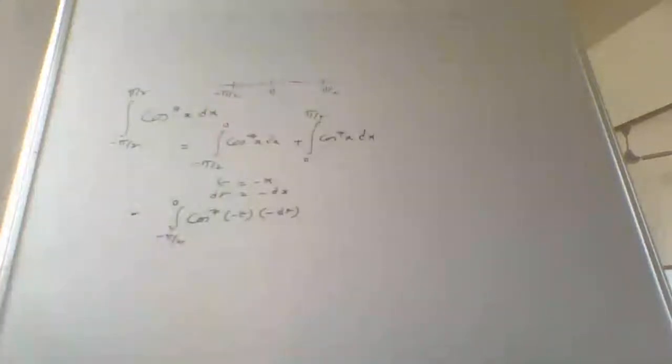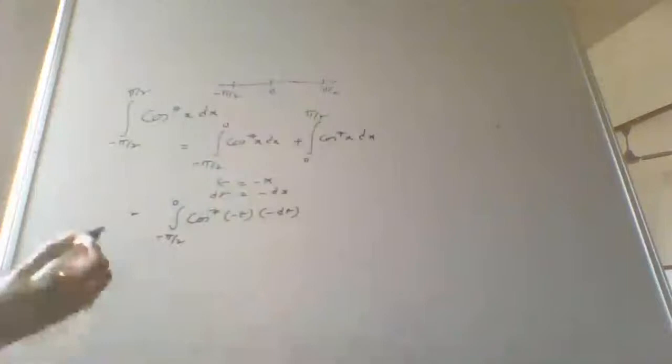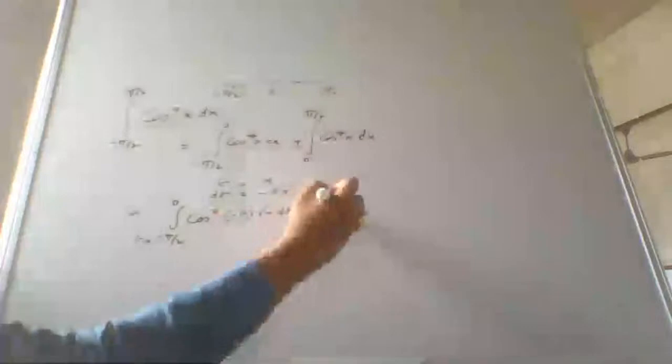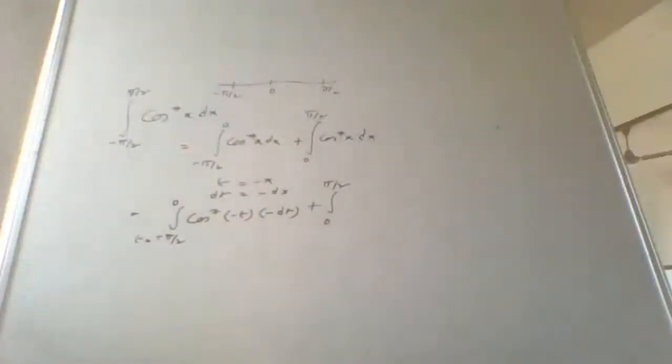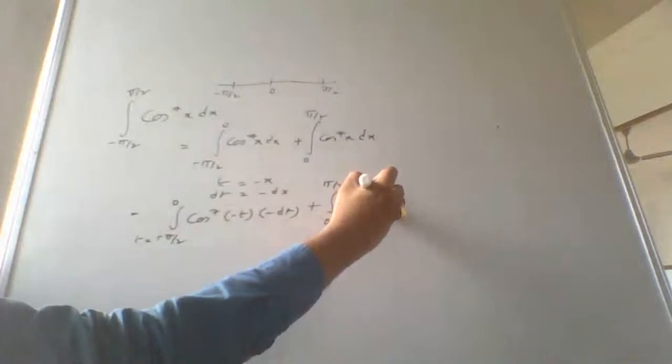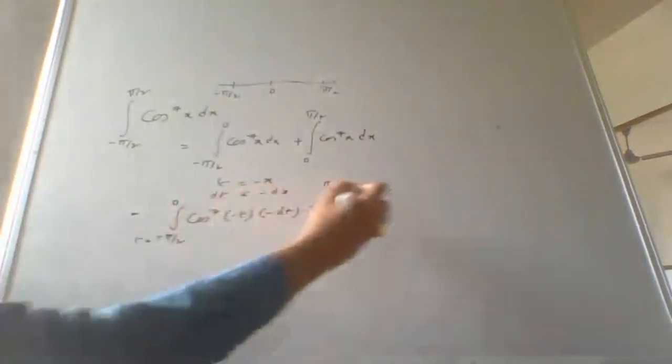I'm changing this variable, so for t it ranges from pi by 2 to 0, plus the integral from 0 to pi by 2 of cos power 7 x dx.